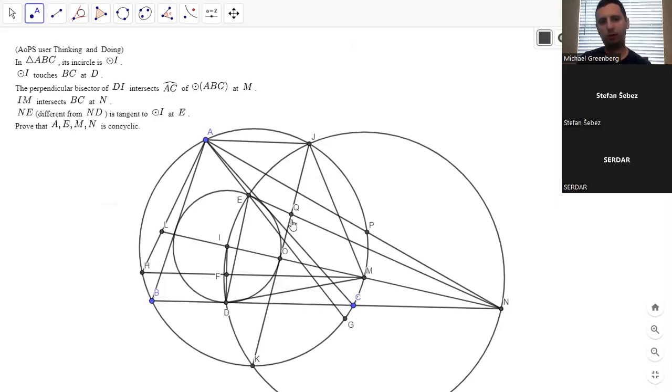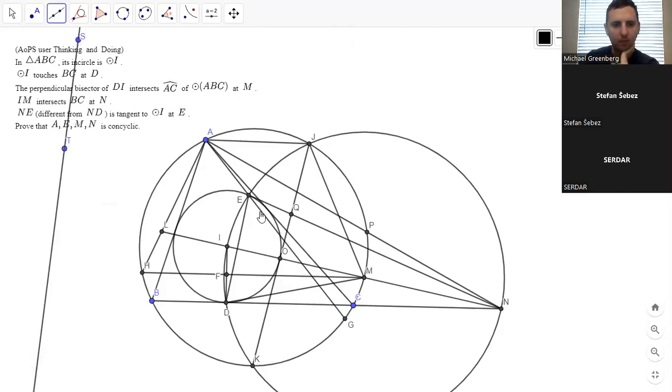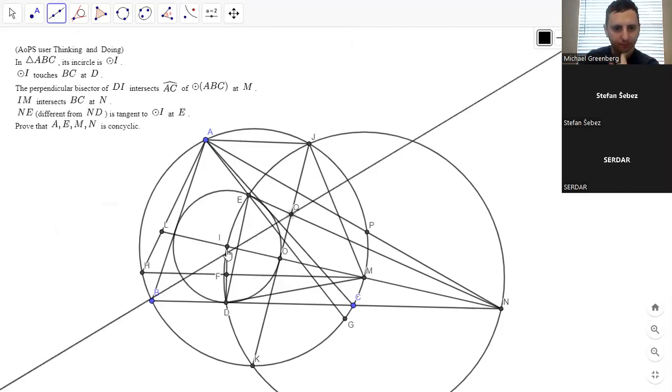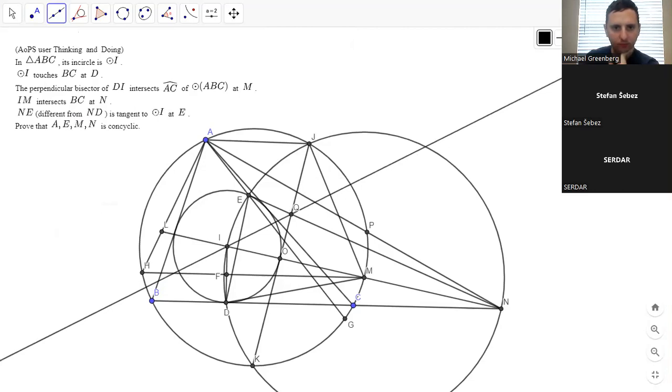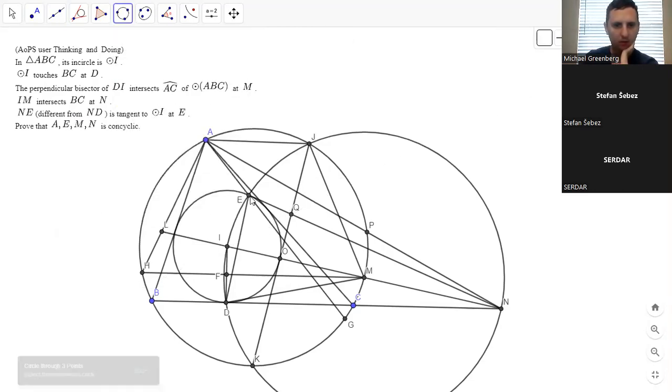Because then we know Q lies on the radical axis.